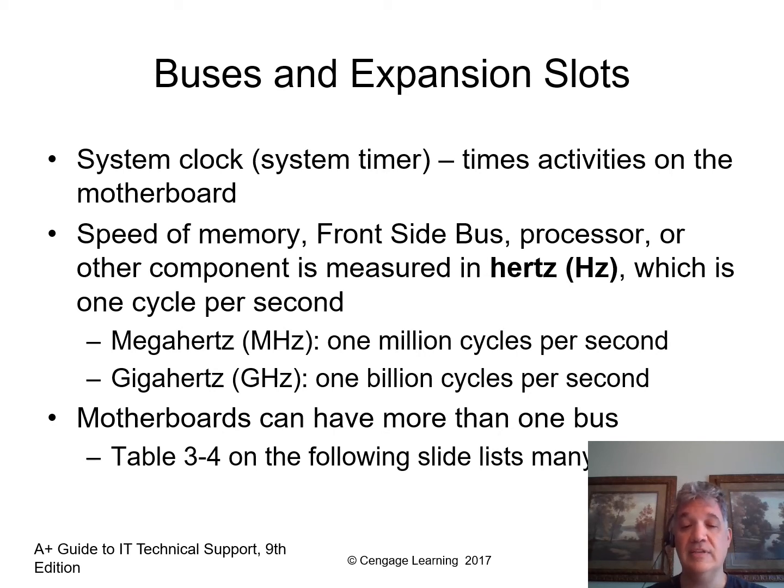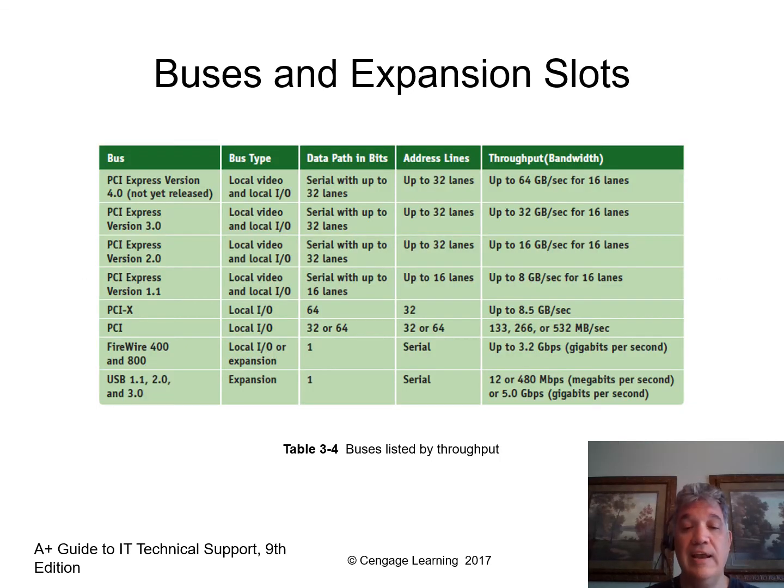So let's take a look at this slide on table 3.4. While we're looking at this slide, I will point out a couple of important things. Number one, if you look at the second row from the bottom, FireWire is a high-speed serial transfer, currently considered state-of-the-art. Really, this is one of the faster transfer mechanisms you'll find available.